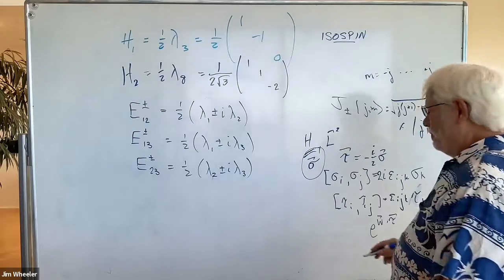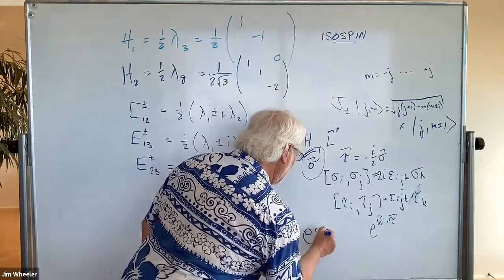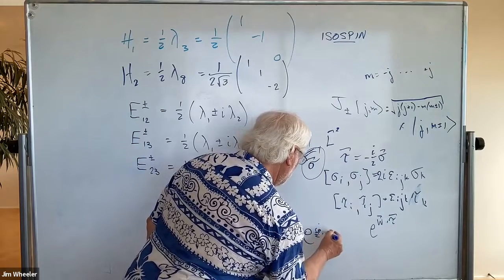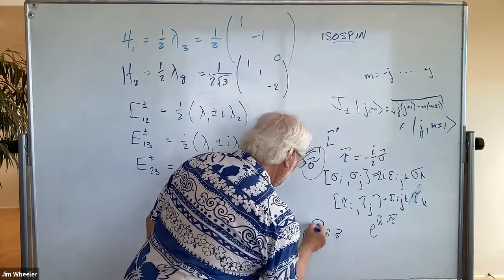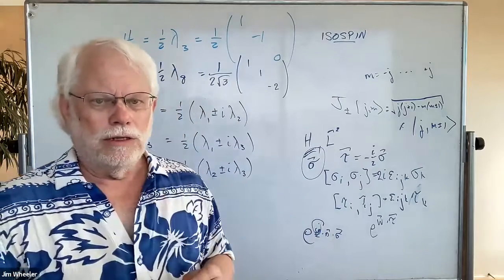So what do you do? Well, no big deal. You just write this as e to the i phi over 2 n dot sigma. You put an explicit i in when you exponentiate to find the group.